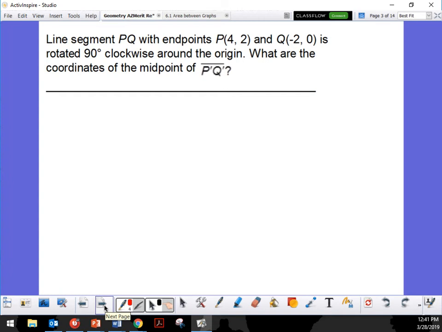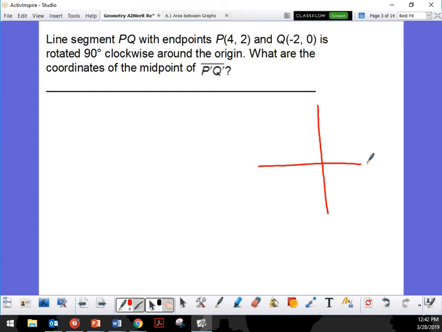Okay, line segment PQ has endpoints rotated 90 degrees clockwise around the origin. So, let's see. We had rules. We made rules in our notes for this.